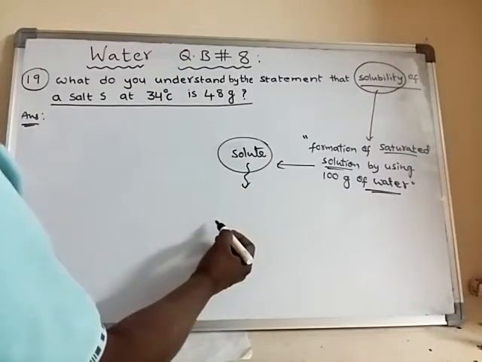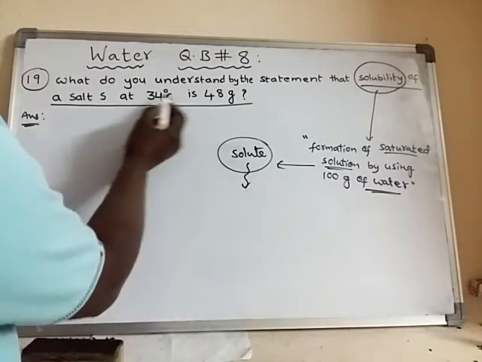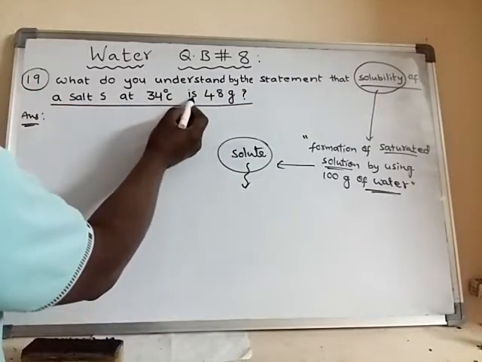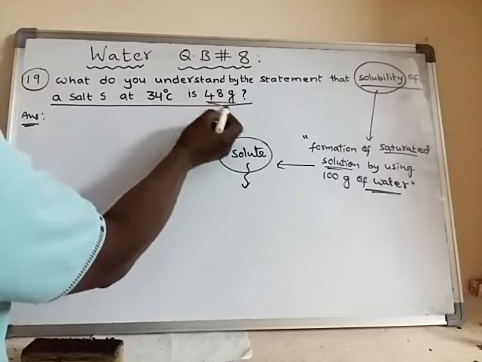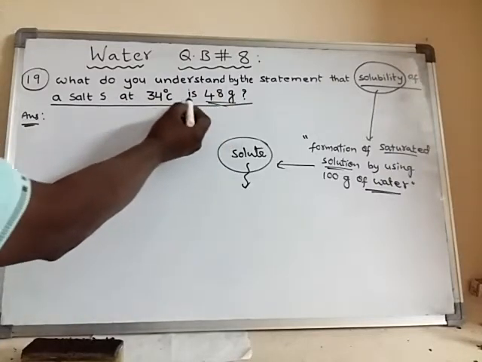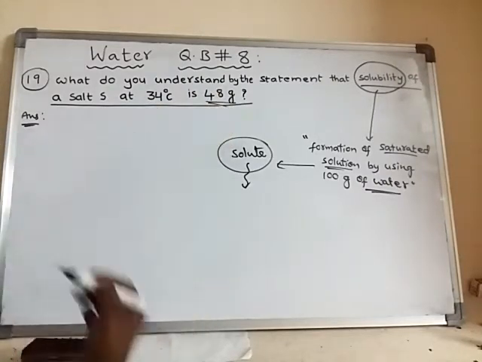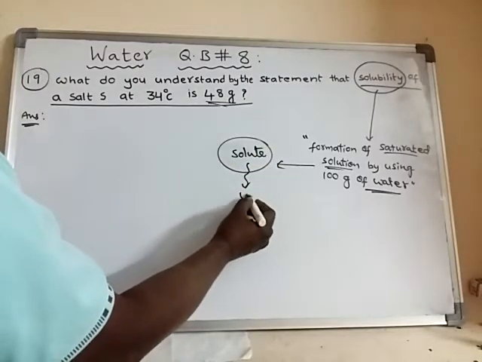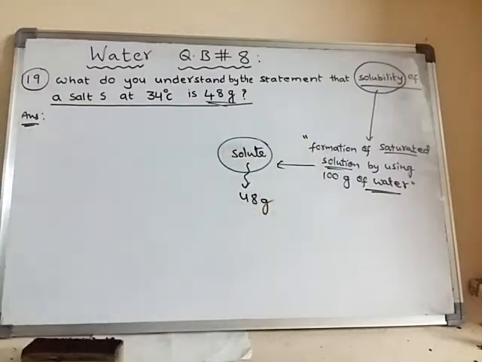So here solubility at 34 degrees centigrade is 48 grams. It indicates that the solute required is 48 grams.